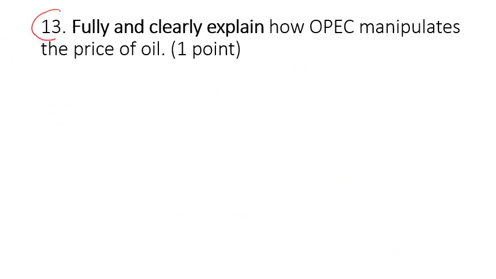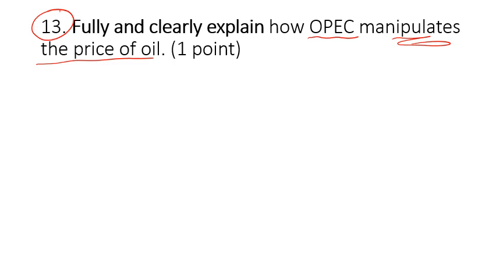With this question, there was an expectation that you would write a short essay fully and clearly explaining how OPEC, the Organization of Petroleum Exporting Countries, manipulates the price of oil.